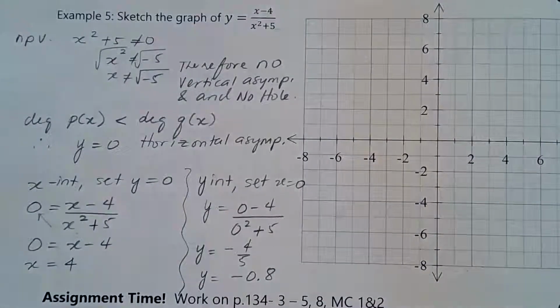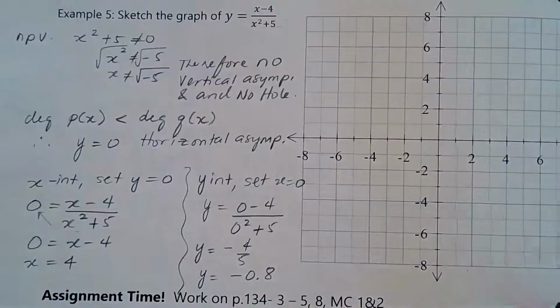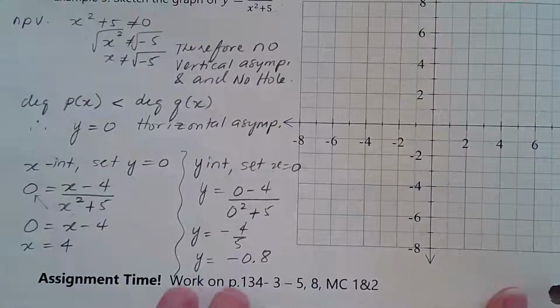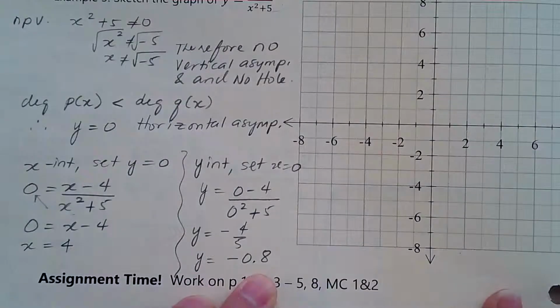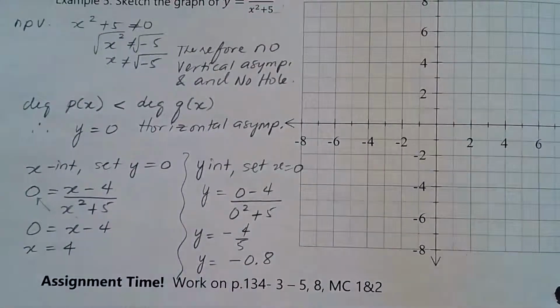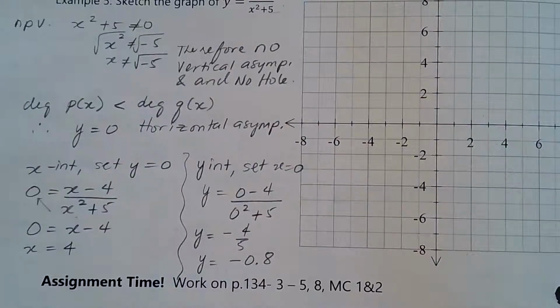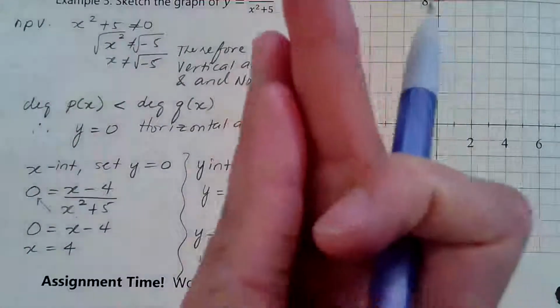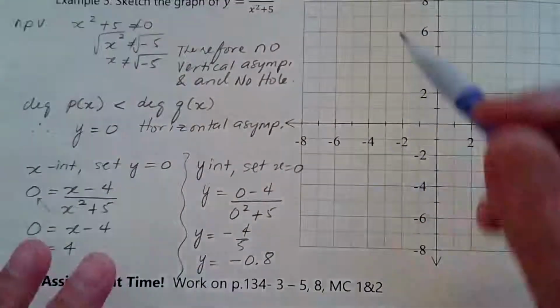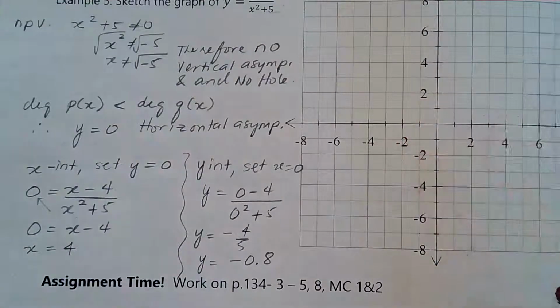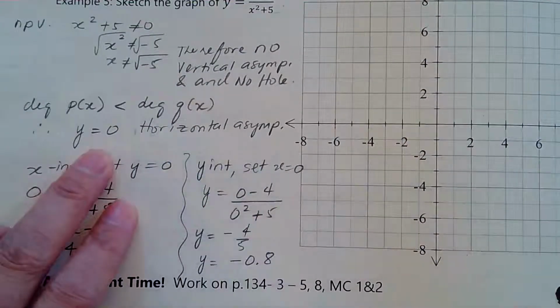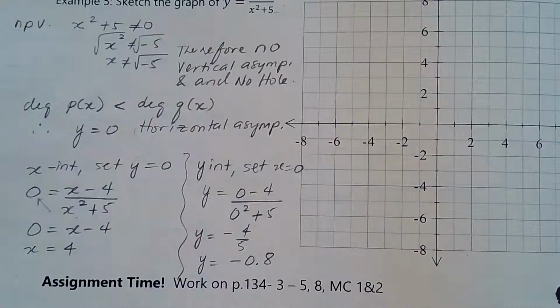Okay. So far so good? Did you get negative 0.8 for your y-intercept? Yeah? Okay. Now, we got all those puzzle pieces. Let's put them together to make a graph. So no vertical asymptote and no hole. Great. y equals 0 is our horizontal asymptote. That one we could do.